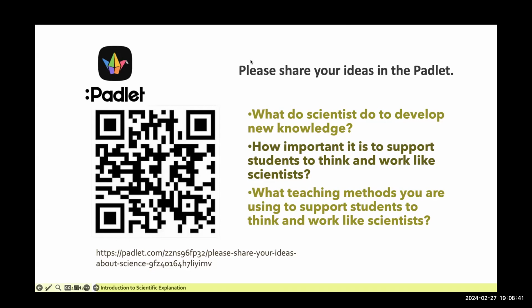Please share your ideas in the Padlet. I provide the link, and you can also scan the QR code here to participate. I also have the link in the chat. If you are not familiar with a QR code, feel free to click the link in the chat box.